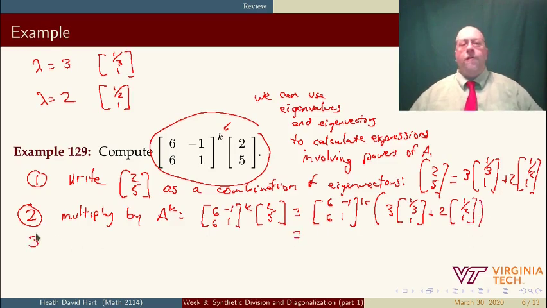And then here's where the magic happens. On the right side of the equation, I can replace this matrix with lambda. But I have to replace it with a different value of lambda for each eigenvector. I can replace A with lambda on the right side.